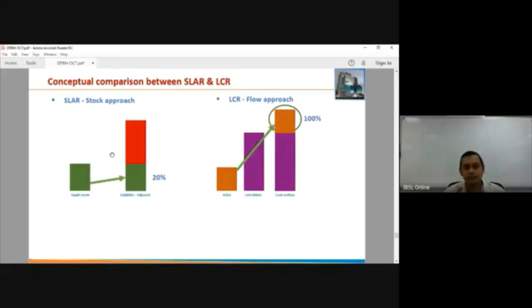So these are the liquid assets defined by the regulation, right? Out of that liquid asset, you should have enough assets to cover at least 20% of your liabilities. This 20% is defined by the regulation, and it comes from the Banking Act.